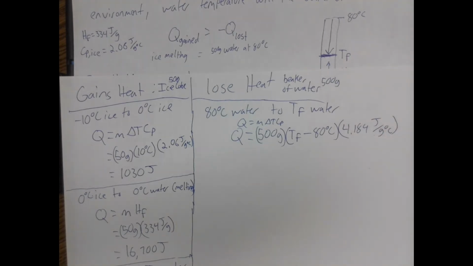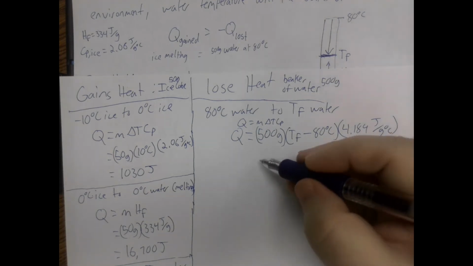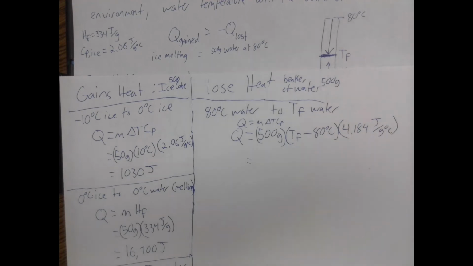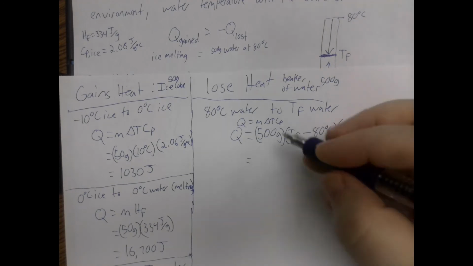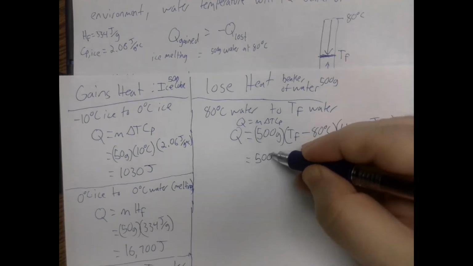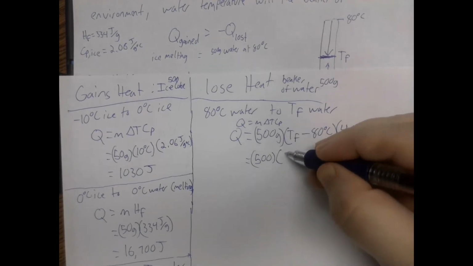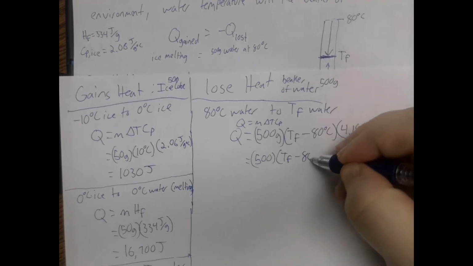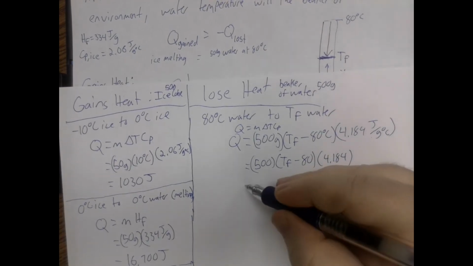I can go ahead and work this out. Probably best to do it without units. I know that the units are going to match the units from the previous side, so they'll be in the same structure. Let me temporarily remove units. So that's 500 times TF minus 80 times 4.184.